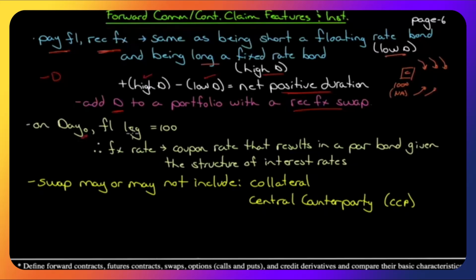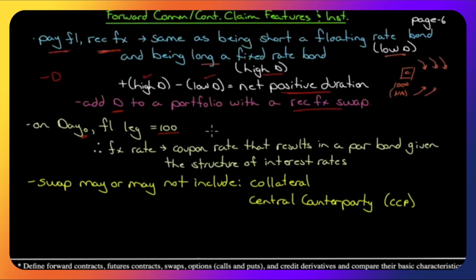On day 0, the floating leg will equal 100 whenever you have a floating rate bond, because each cash flow will be discounted at its own rate. That's the whole idea behind a floating rate bond. On day 0, since we know what the first floating rate payment will be, you have a par bond.